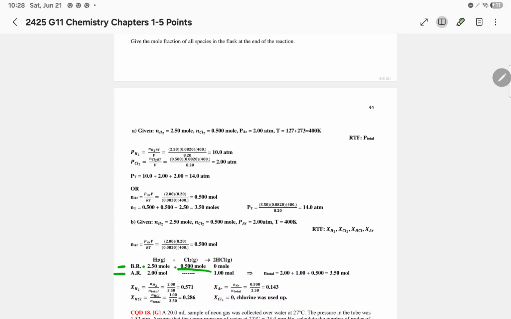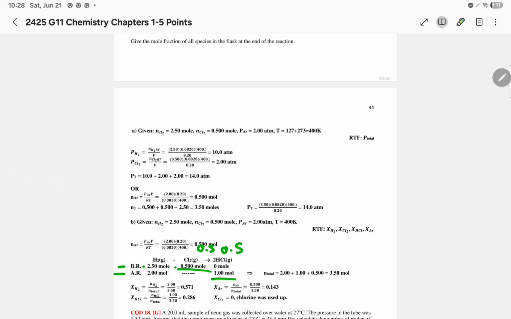Since we have 0 moles of Cl2 left, if you used 0.5 moles of Cl2, we need another 0.5 moles of H to make 1 mole of HCl, right?